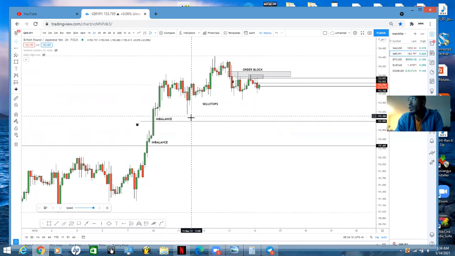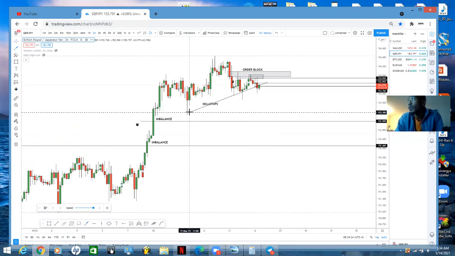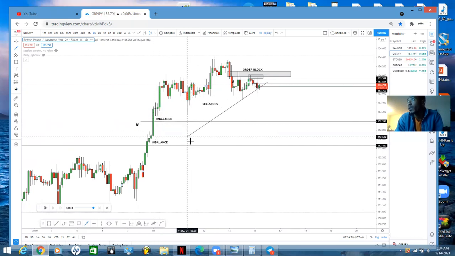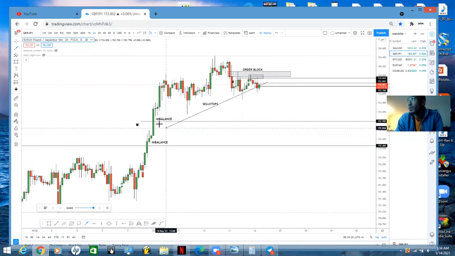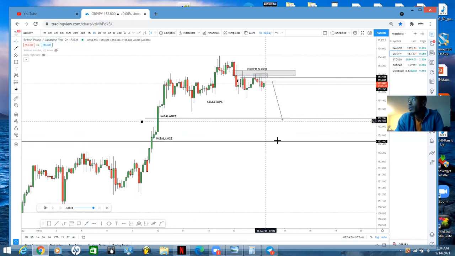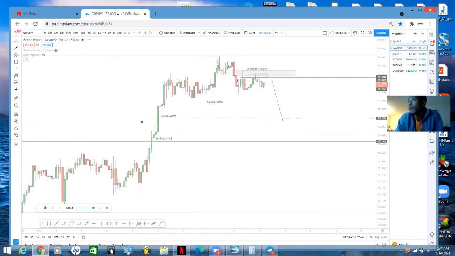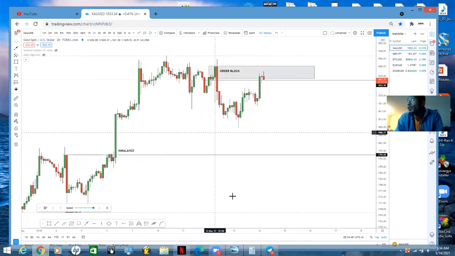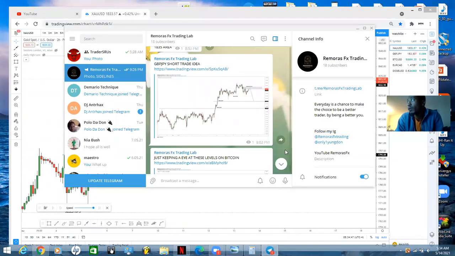So yeah, I'm definitely looking for a nice run down into this area, breaking these lows right here, possibly coming below this low right here, and filling in this imbalance in this area right here. So if I can get that right there, that's where I scale out first, and then possibly catch some more downside movement. So let's move to gold real quick. So gold, let's go to play up gold right here.